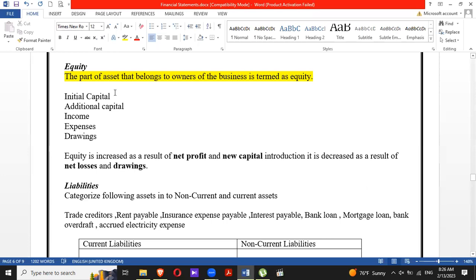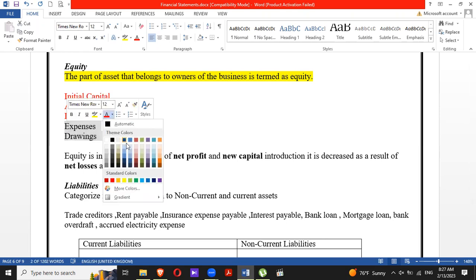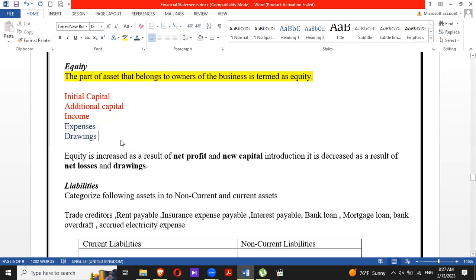Due to initial capital, additional capital, and income, equity increases.